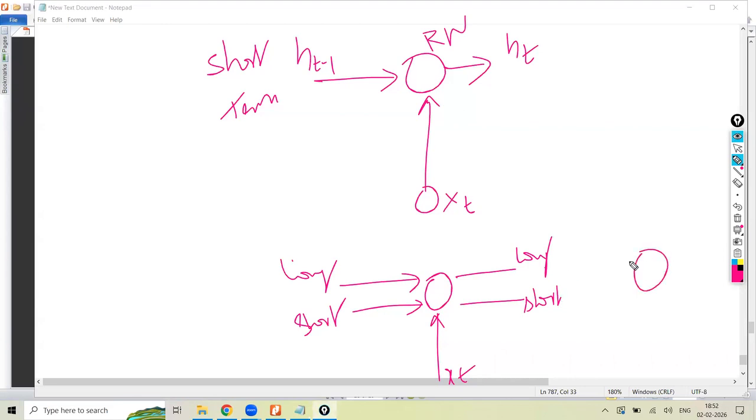Automatically, in the next neuron, this will be continued along with the new output. Only difference is here one output, here two outputs: a short-term output and a long-term output. Remaining everything is the same. Additionally, we have the long term. In the long term, not all memories will be stored. Only certain things will be stored, and certain things will not be stored.